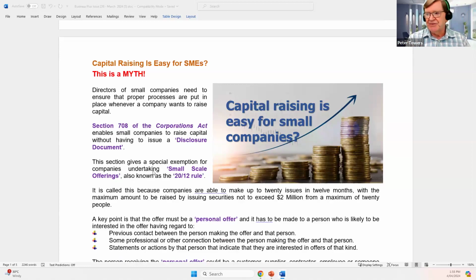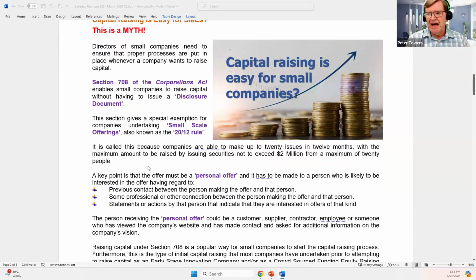And we've summarised them in here. They have to be people who have had previous contact with the person, or some professional or other connection between the person making the offer and that person, or by their statements or actions, they indicate they're interested in these types of offers.